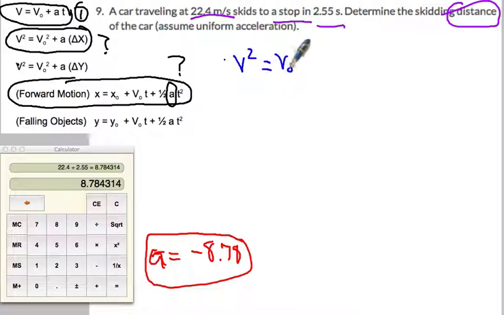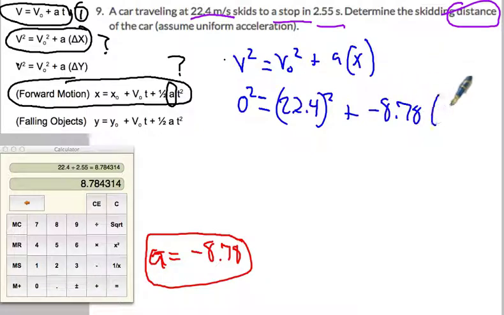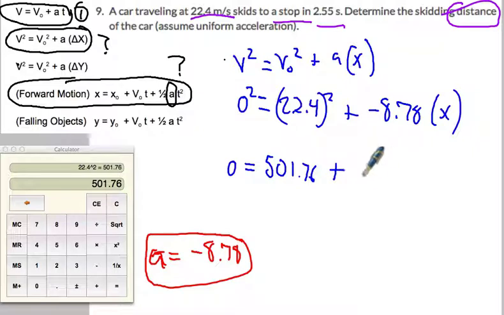I can use any one, but that one, gosh, it looks really easy because one of these is 0. 0 squared equals 22.4 squared plus negative 8.78 times x. 22.4 squared, so 0 equals 501.76 plus negative 8.78 times x.